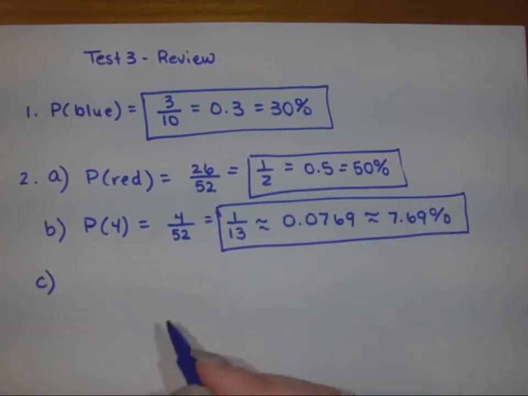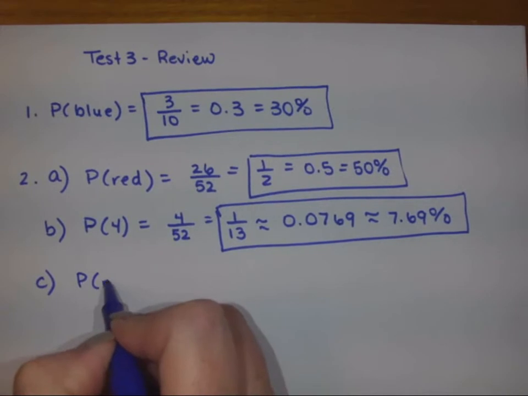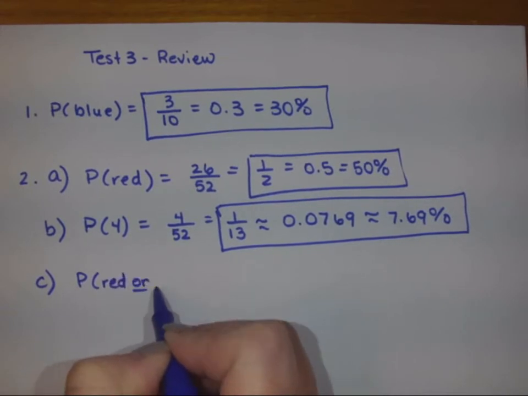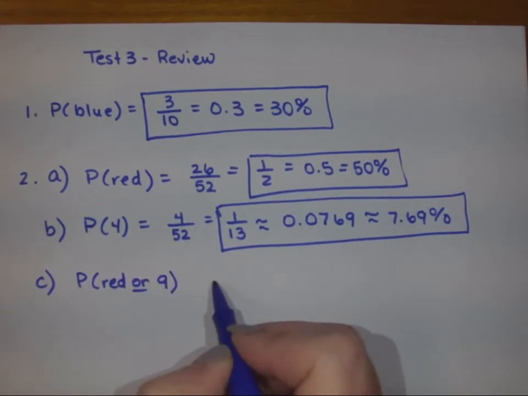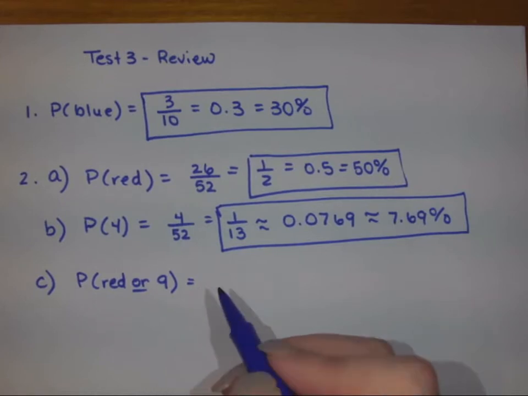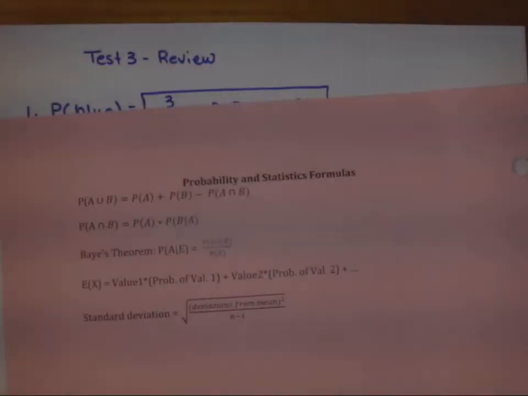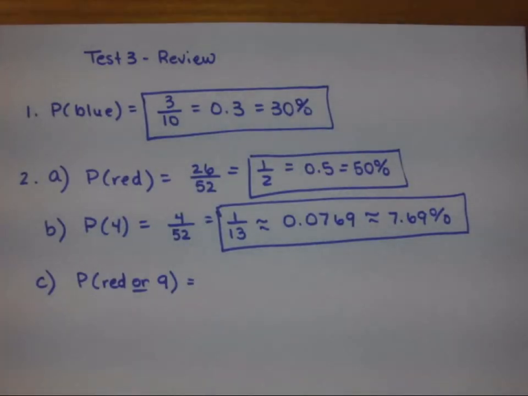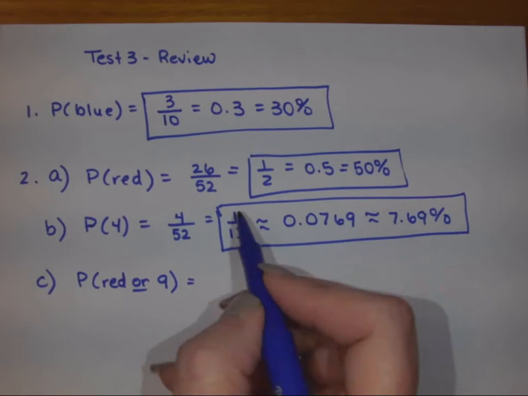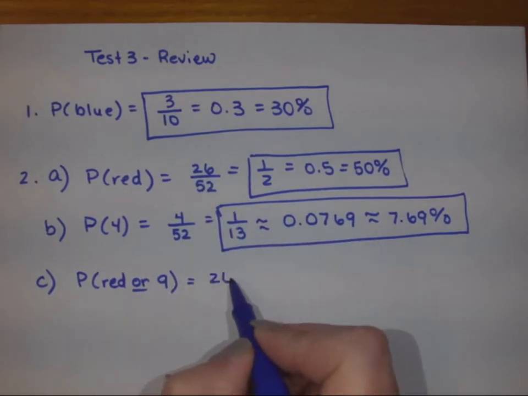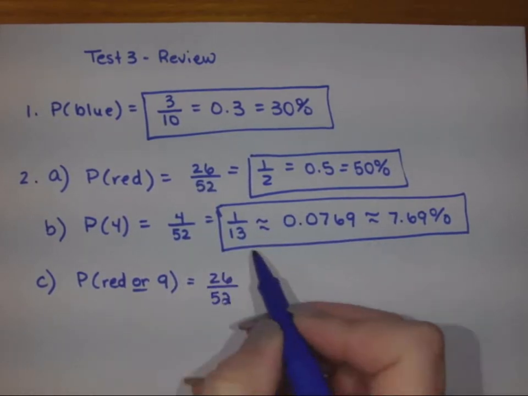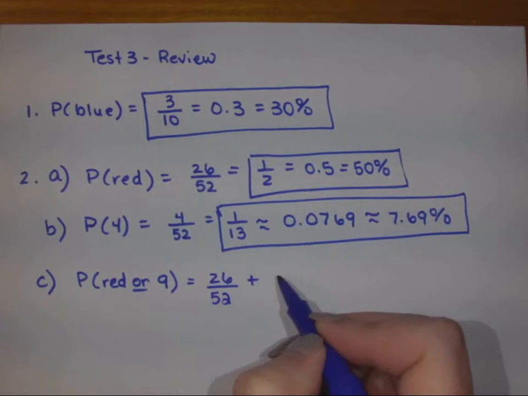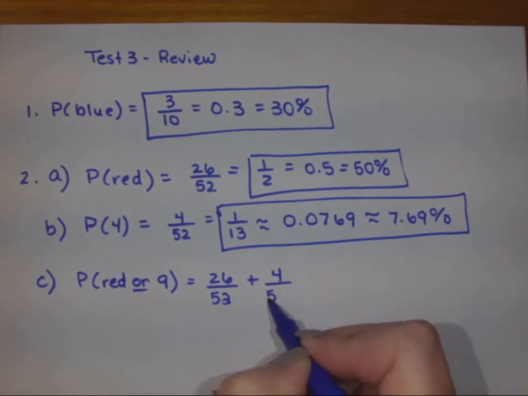Part C, the probability of a red or a 9. So because there is a way for it to be both, remember the probability of or, which if you look on the back of your key, okay, this is the formula chart that you would get. And that's been uploaded also, so you can kind of pay attention to that. But it would be the probability of red, so let's take the unsimplified fractions, plus the probability of a 9, which would be 4 out of 52.